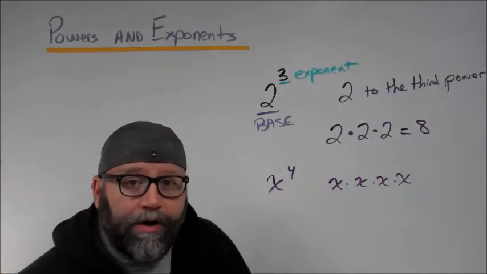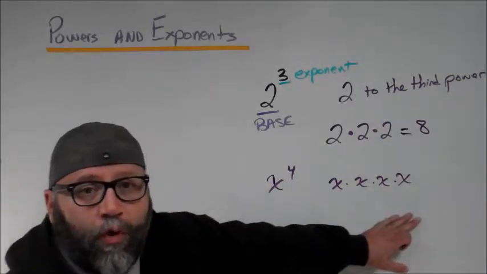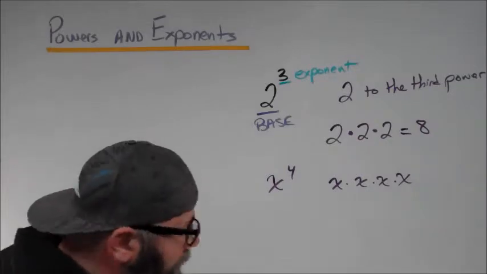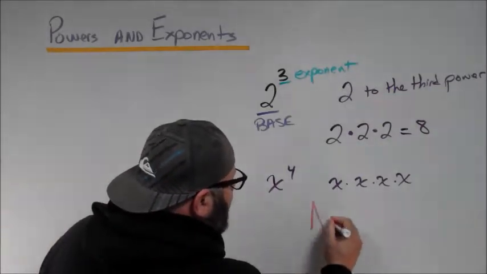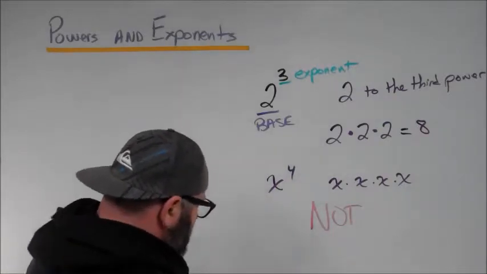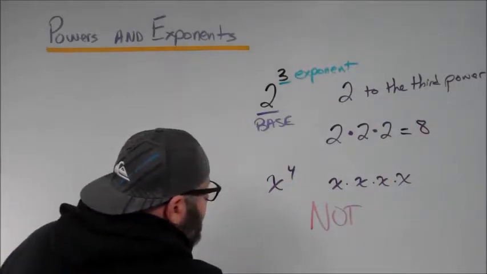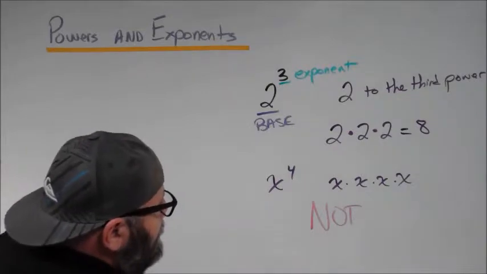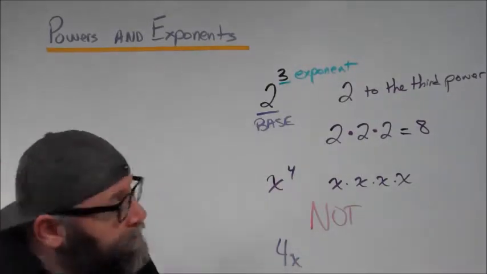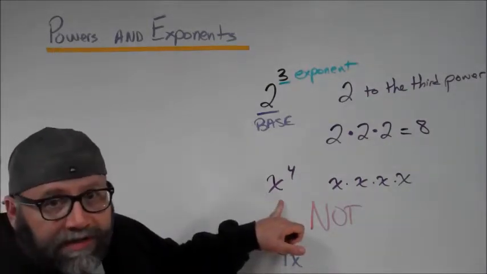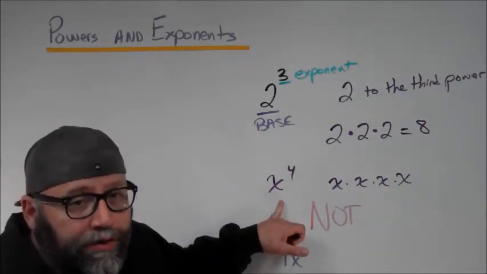Now just a reminder, remember this is not the same as 4x. Let's put a big caution sign here and say not. What it isn't is 4x. This says x times x times x times x: x times itself 4 times.